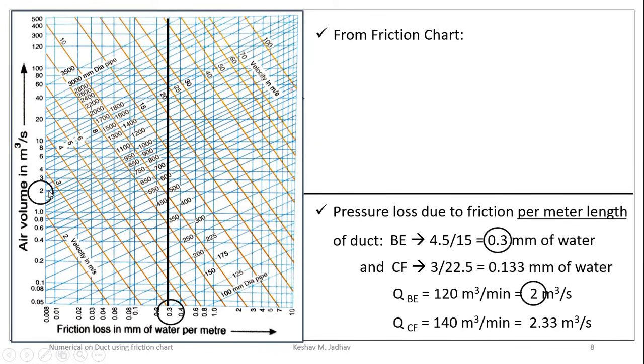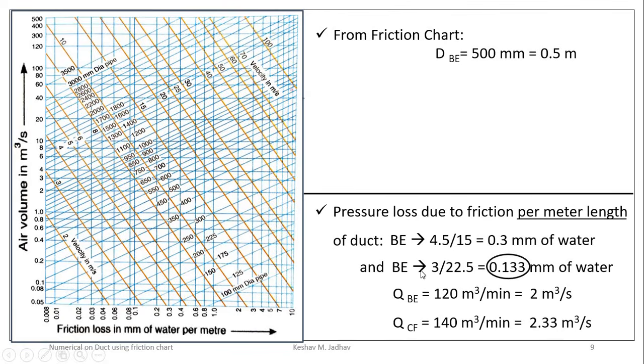So here it is 2 meter cube per second. We can draw a horizontal line from this, and at the intersection we can see this line having diameter 500 mm. So we can write diameter of branch BE is equal to 500 mm, which is equal to 0.5 meter.